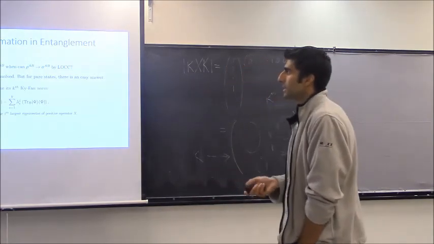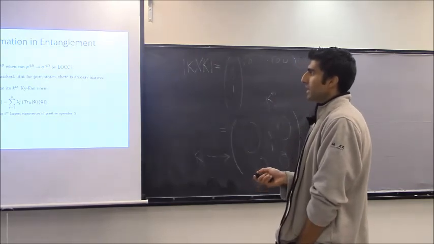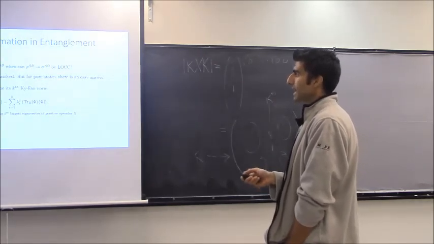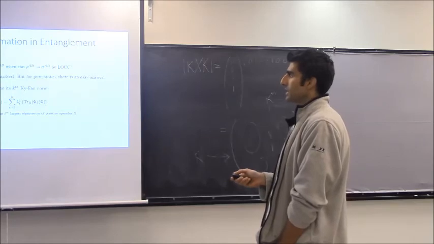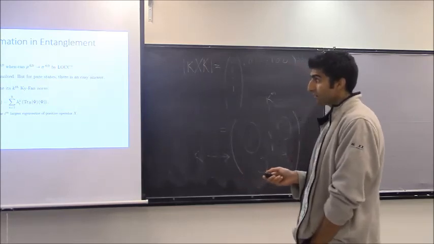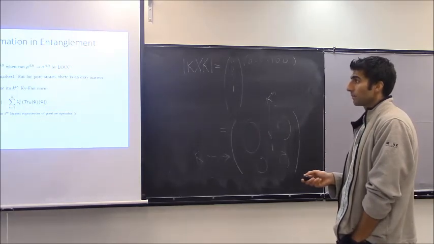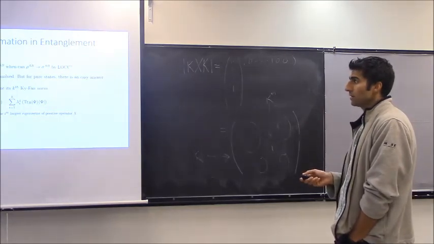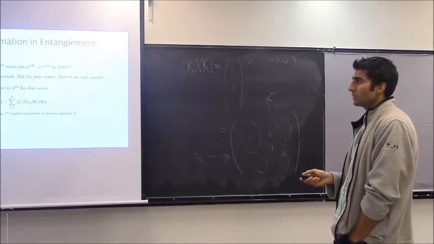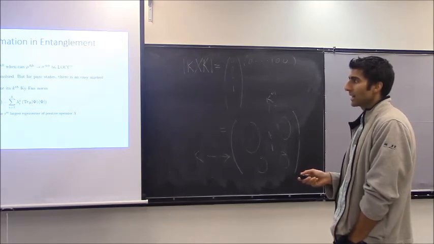And the answer is given, again, by entanglement measures. For a pure state psi, we can define what's known as the Ky Fan norm. You trace out Bob, so you trace out one of the parties, and then you look at its eigenvalues.